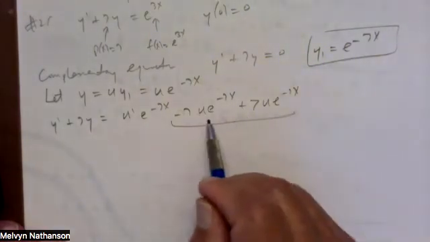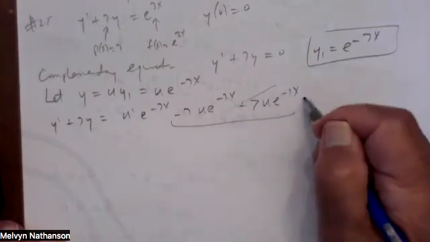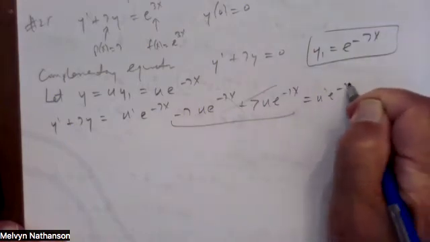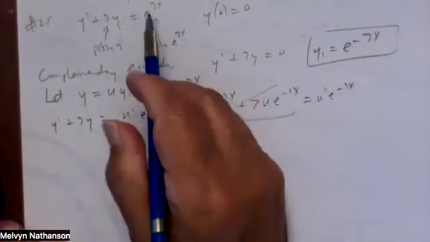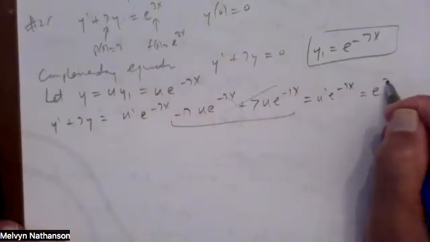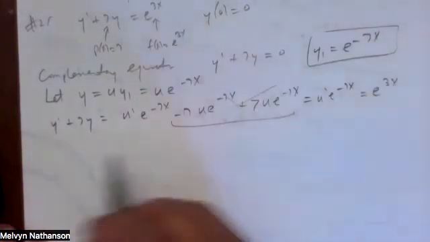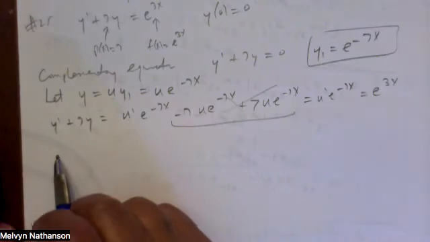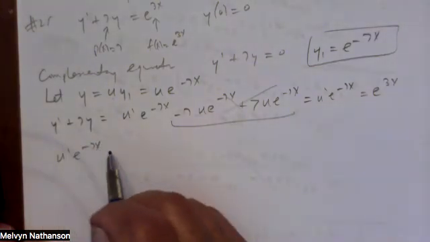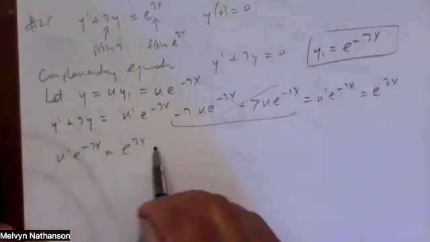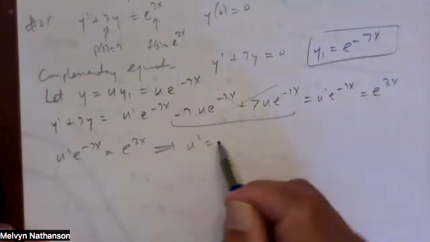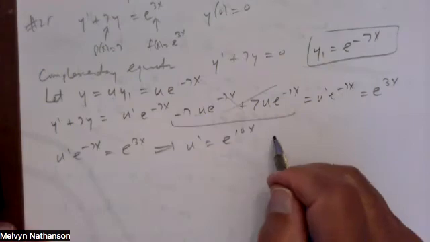And this cancels. So this is just u prime e to the minus 7x, and this is supposed to equal e to the 3x. So that's easy. u prime e to the minus 7x equals e to the 3x, which means u prime is e to the 10x, just multiplied by e to the 7x.